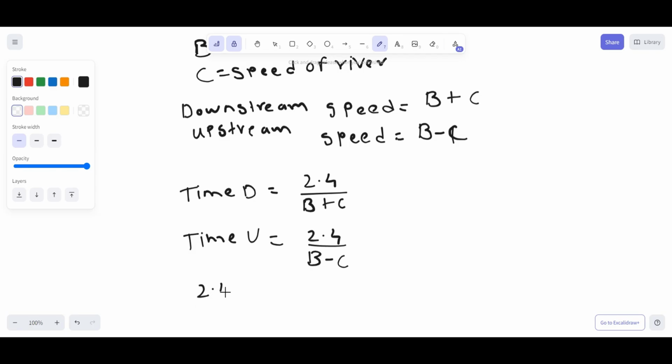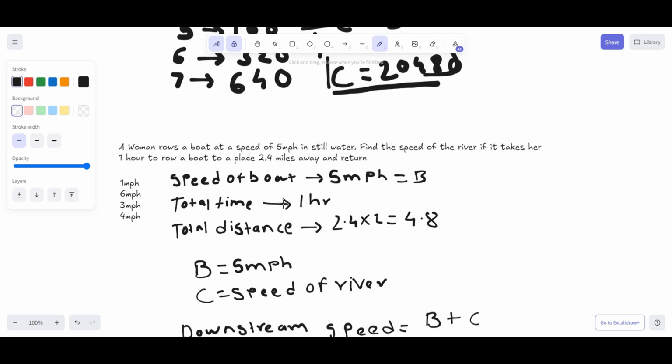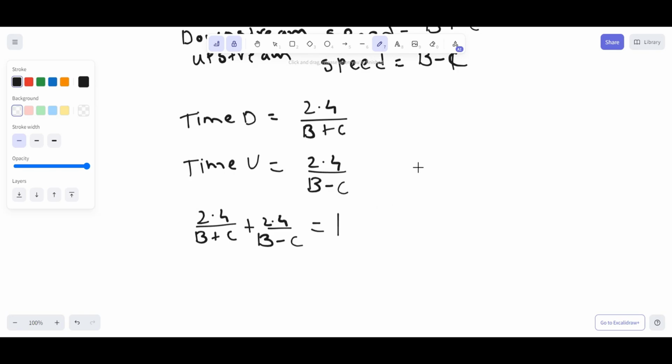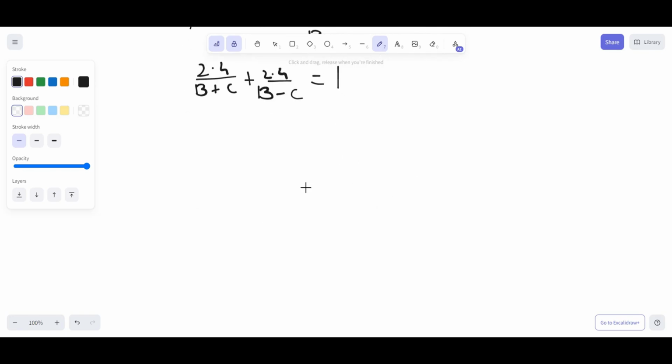So 2.4 upon b plus c plus 2.4 upon b minus c equals 1 hour. It is given in the question: it takes 1 hour to row a boat on both sides. So we have taken it as equal to 1.